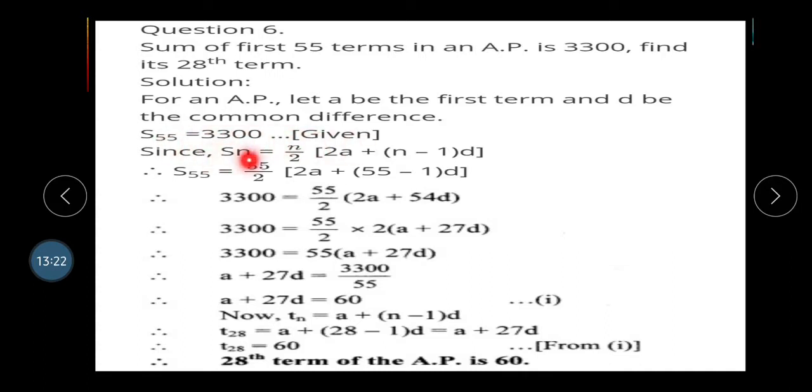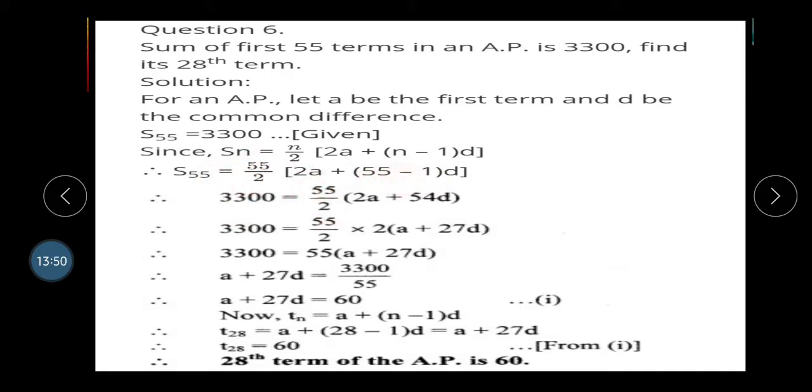So we will be writing the formula Sn equal to n upon 2 into 2a plus n minus 1 times d. We will be substituting the values. S55 equal to 55 upon 2, square bracket open, 2a plus 55 minus 1 times d. So S55 is given as 3300 equal to 55 by 2.